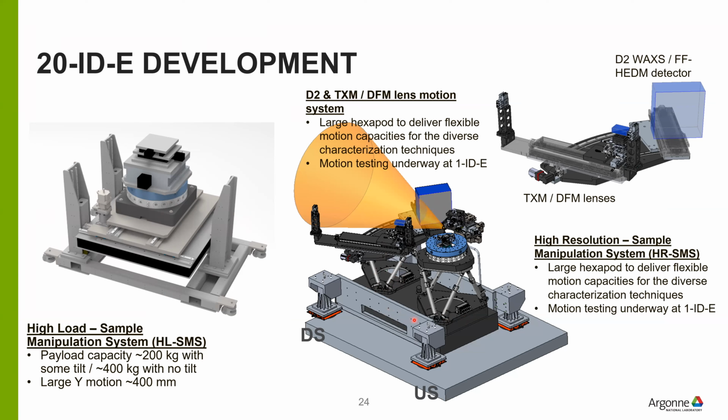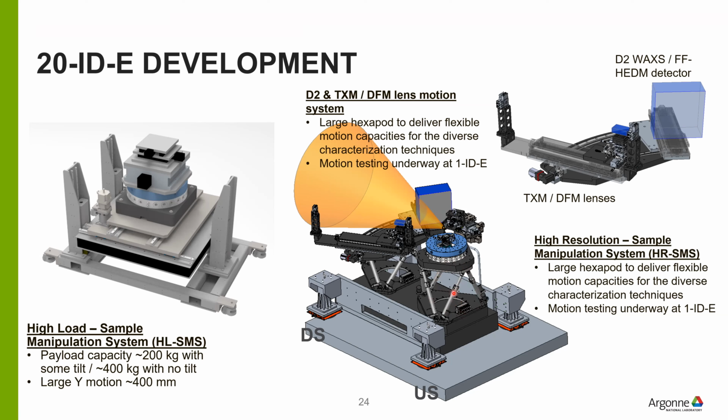But what's unique about this is that the sample manipulation system will be using a large hexapod that'll be able to deliver the degrees of freedom necessary for some of these higher resolution techniques, such as dark field microscopy, that need the rotation axis to be in a particular configuration. That's quite novel and exciting that we're going to be building this.